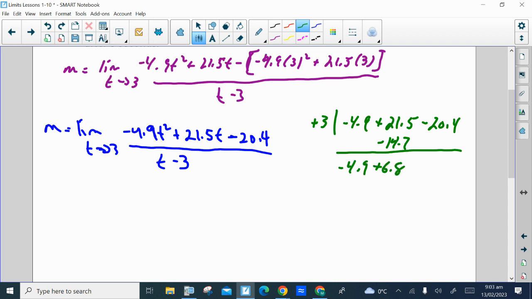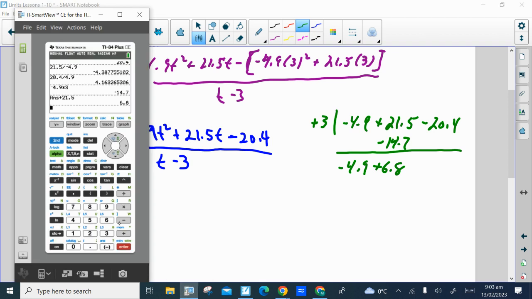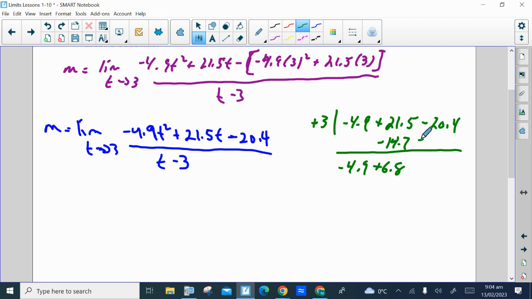And then that 6.8 is multiplied by the 3 in front, which gives us positive 20.4. And when you add those, you get your remainder of 0. And that's the only reason why this is going to work, because if we got a remainder of something else, we would not be able to evaluate this limit algebraically. We couldn't.